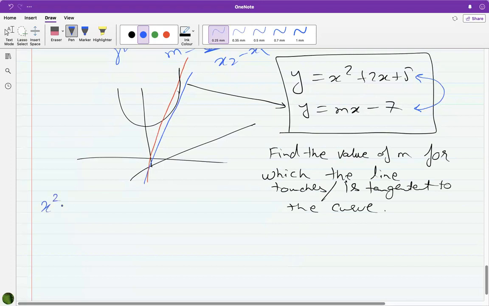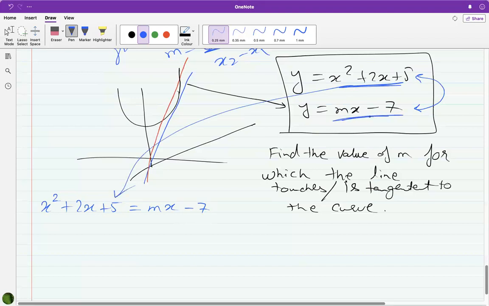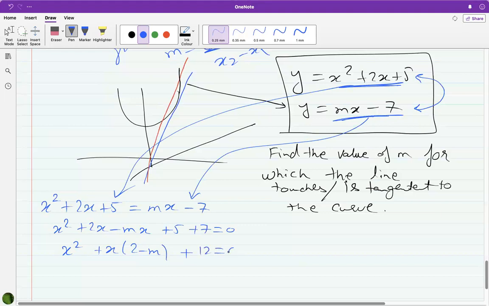This is x square plus 2x plus 5 equals mx minus 7. Y equals y. Rearrange the equation. X square plus 2x minus mx plus 5 plus 7 equals 0. This will be x square, taking out x common, (2 minus m)x plus 12 equals 0.